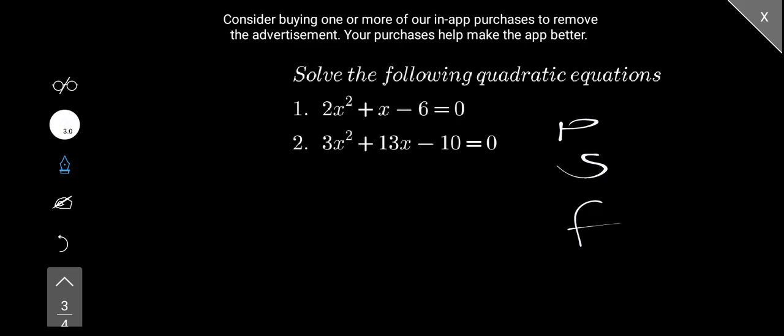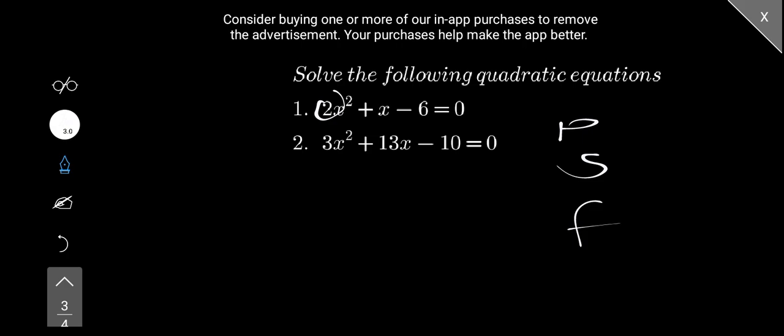So the product is the answer we get after multiplying the coefficient of x squared and the constant. The coefficient of x squared is the number in front of x squared, which is 2.